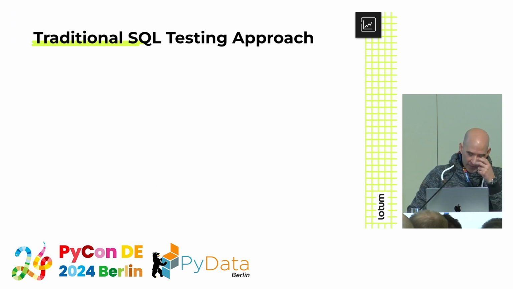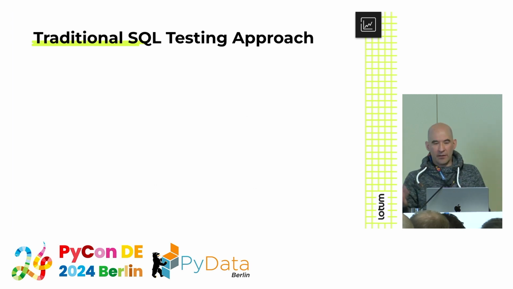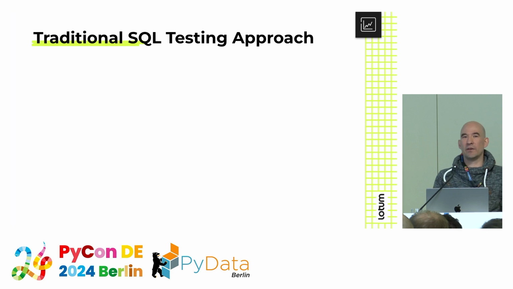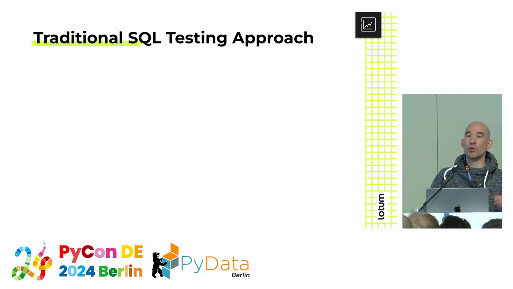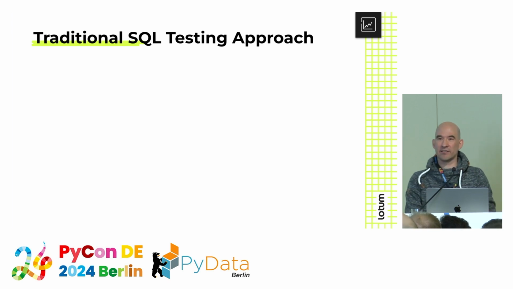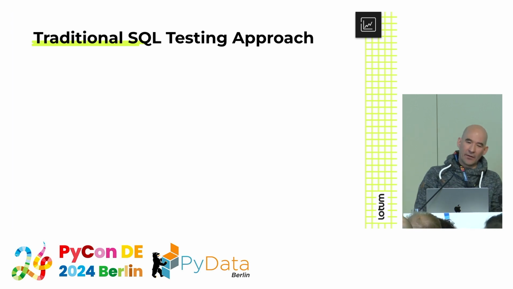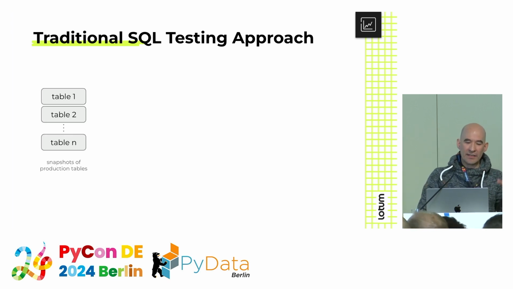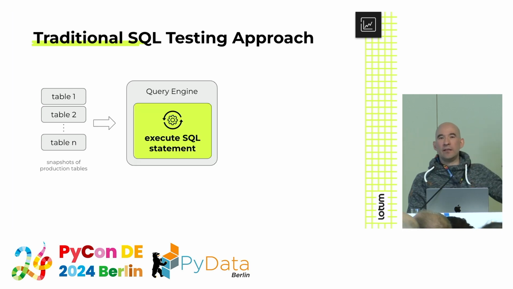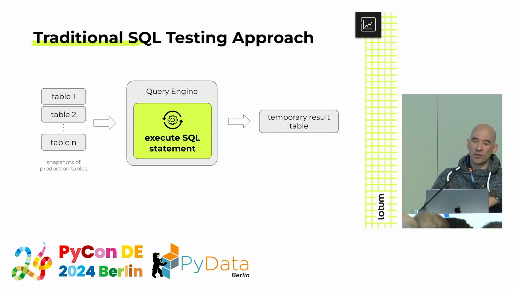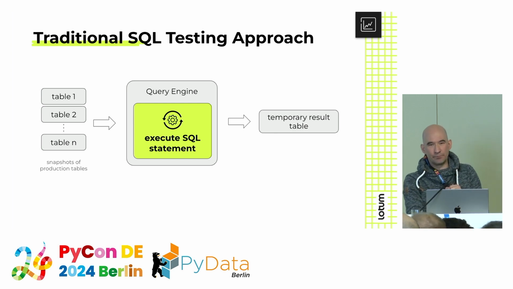So I've talked to a couple of companies about testing SQL statements, and the traditional approach, what most companies who claim, yeah, sure, we test our SQL statements do, is something along these lines. They take snapshots of their production tables. They run the SQL statement on these snapshots and store the result in a temporary table.